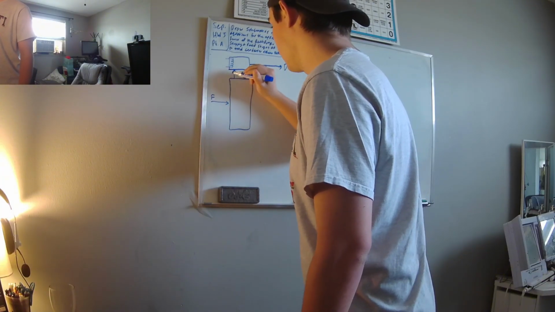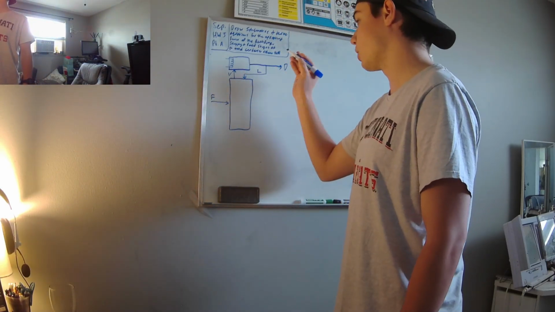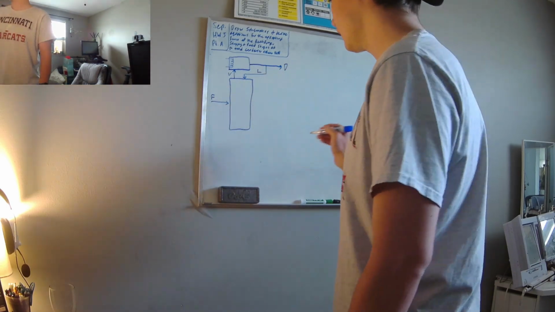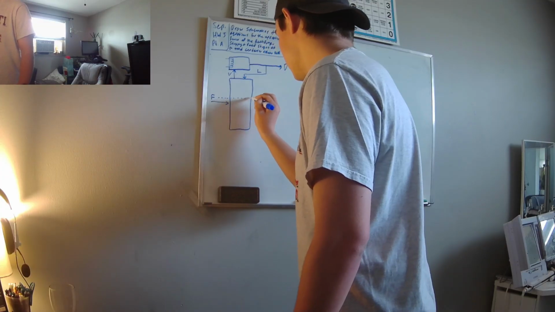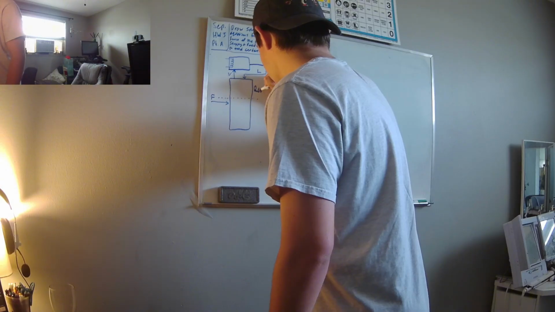We're going to call this L, call this V. We've got our reflux coming out of our condenser and going in above the feed, going up into that condenser, is going to be our rectifying section.